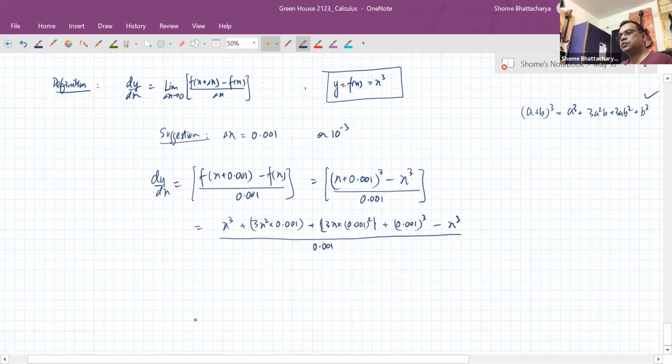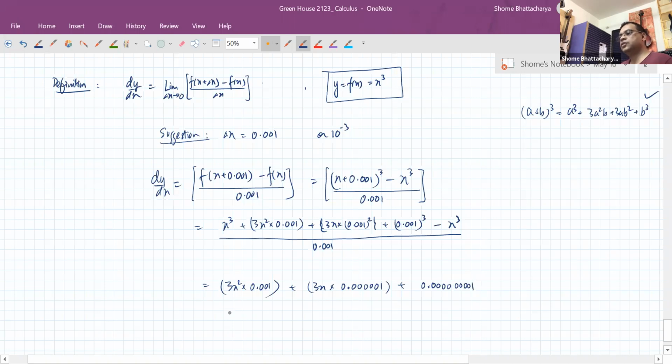Next step, see what happens. x cube cancels out. So I get 3x square into 0.001, plus 3x into, now this will become how much? 0.00000 1, 5 zeros and 1. And we just divide all three terms by 0.001. We'll do that now. So this will become how many zeros? 8 zeros and 1.